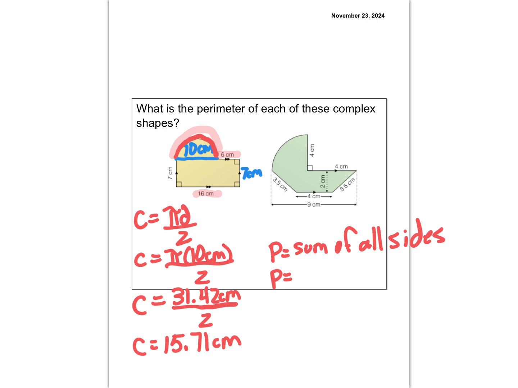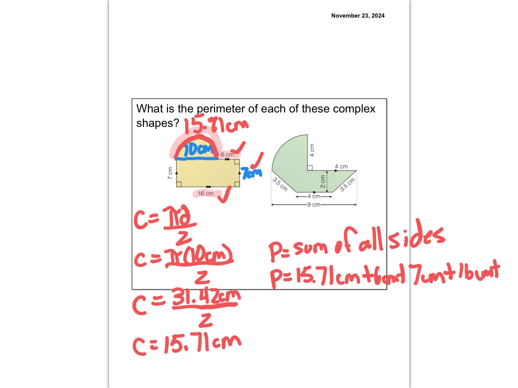P equals, well, I'm going to go clockwise. I know that from here to here is 15 and 71/100 centimeters, plus 6 centimeters, plus 7 centimeters, plus 6 centimeters, plus 7 centimeters, plus the 16 centimeters, plus 7 centimeters.